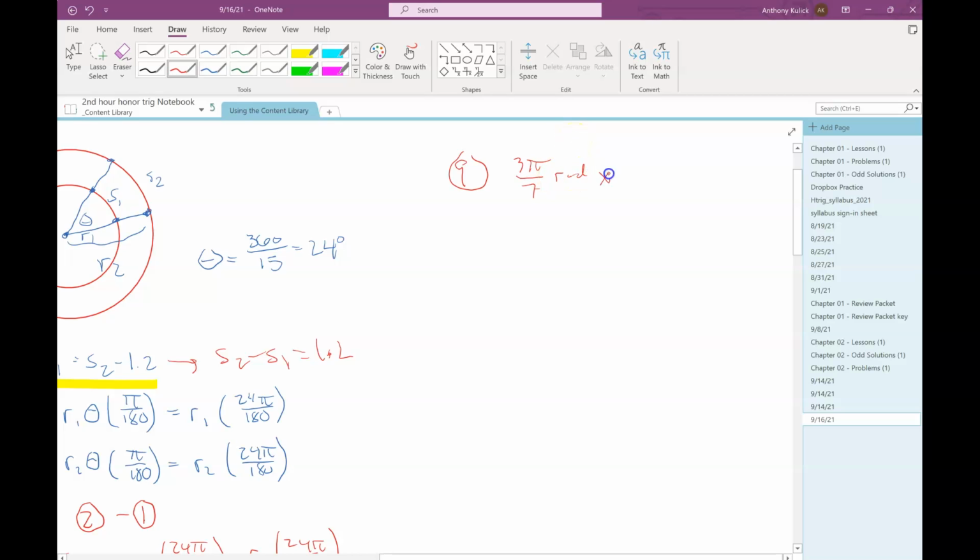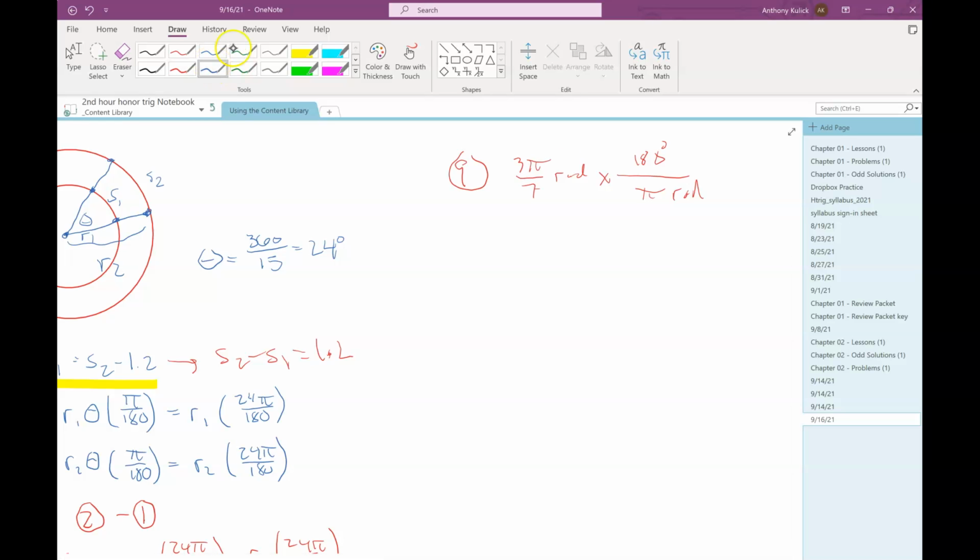To convert that to degrees, we're going to multiply by 180 over pi. The way I remember which one is which is I think about it like a unit conversion problem. So I have 180 degrees over pi radians.